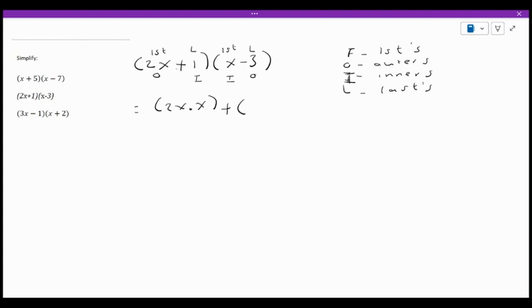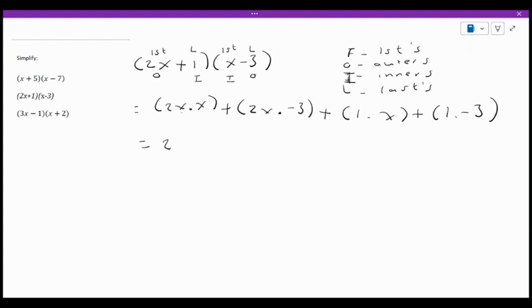And then we're going to go to the outers, which means it's going to be 2x times negative 3, plus we're going to have 1, which is the I, 1 times x, plus 1 times negative 3. And then we go ahead and simplify that.